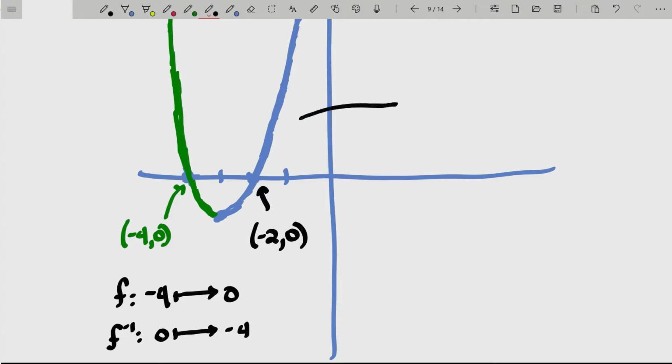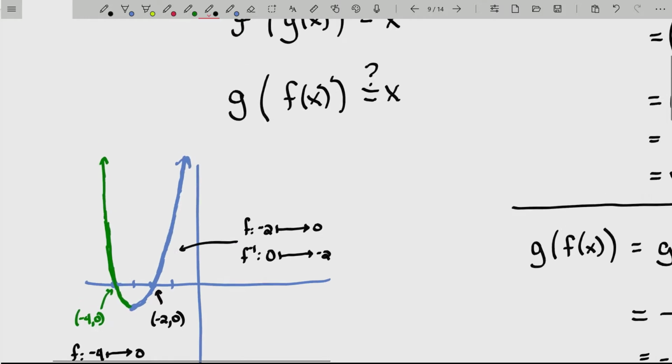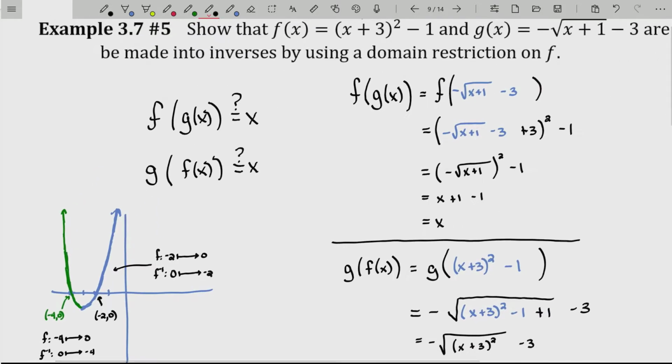If we're doing the blue curve, then the function takes -2 and turns it into 0. Its inverse should take 0 and turn it into -2. So let's see if the blue curve will work as the inverse function, specifically the inverse function they've handed me.